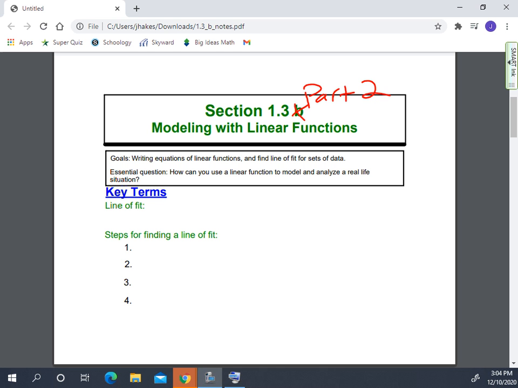Okay, I'm going to start off with this definition: line of fit. A line of fit is when we have a scatter plot. Okay, and we'll go through what a scatter plot is in just a minute.